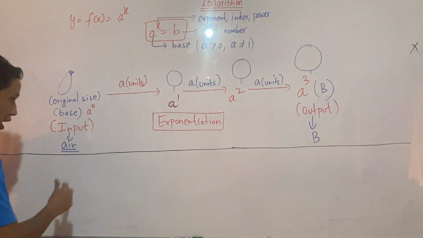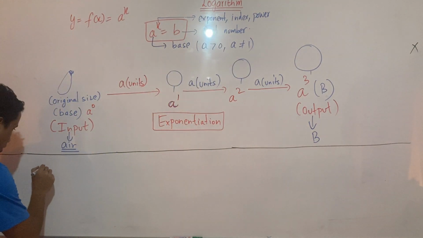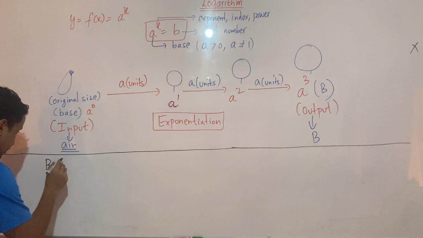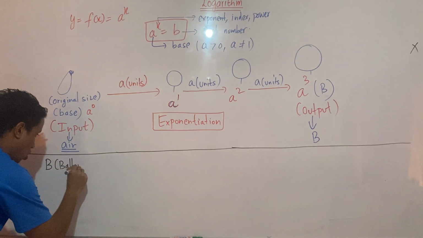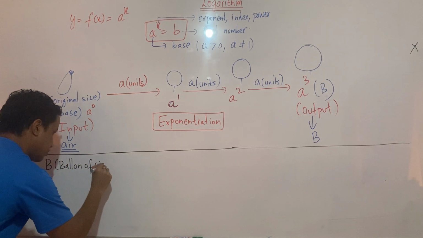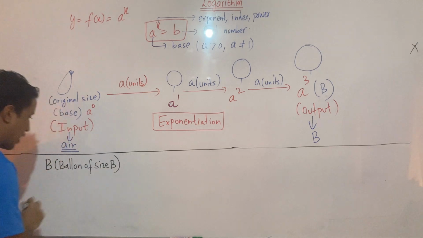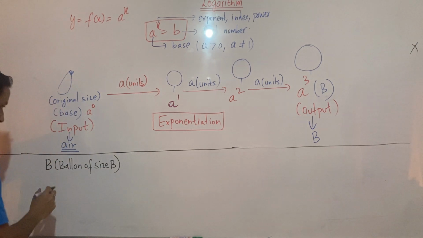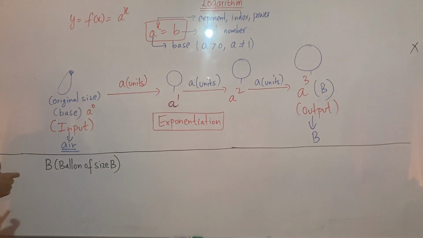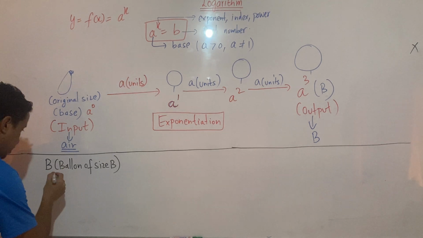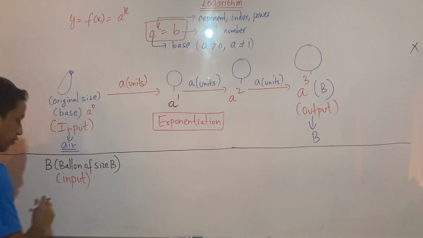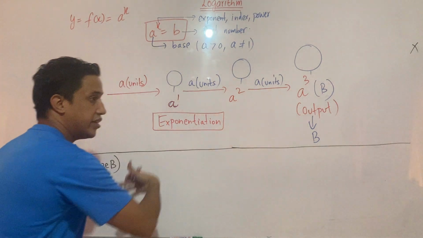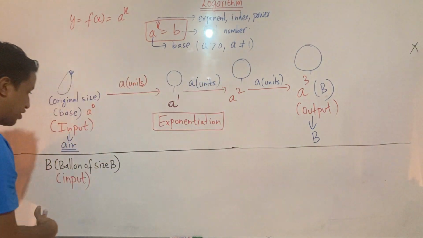Here I can say a balloon of size B is going to be the input of logarithm, because logarithm is the inverse of exponentiation.